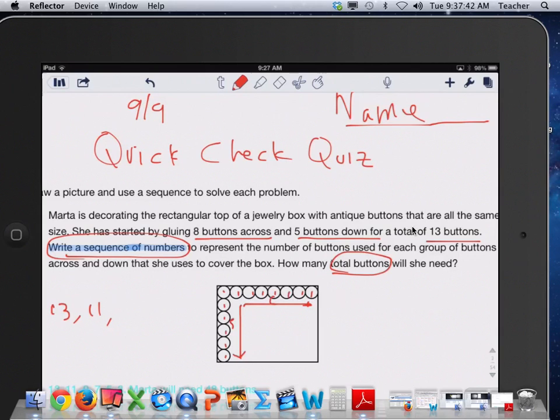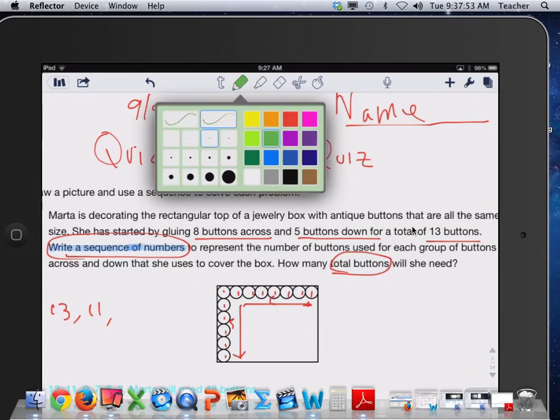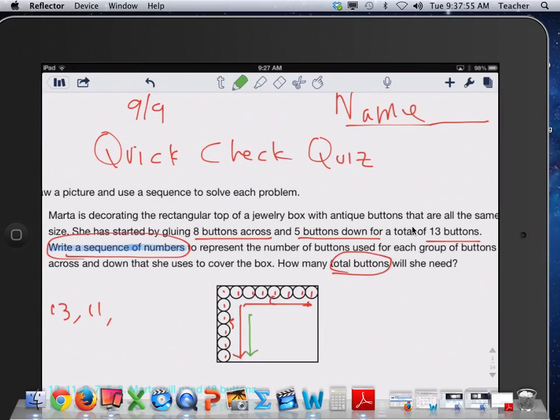The next row would be how many? 9. Because if it's 5 here, now it's 1, 2, 3, 4, right? 4 would be going this way now, and 5 would be going that way, correct? So a total of 9. Okay, if you draw little buttons, you'll see it.